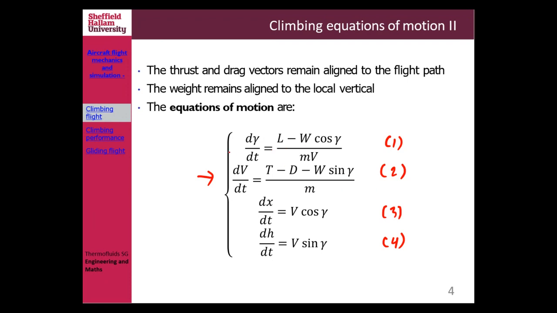The same as this one in the z-axis, which is d gamma/dt equals L minus W cos gamma over mV. Then this is the velocity in horizontal, and this is the velocity in vertical, which is also equal to your rate of climb.